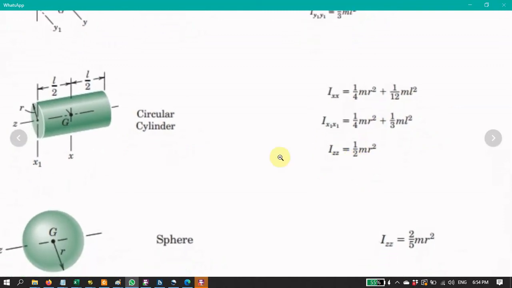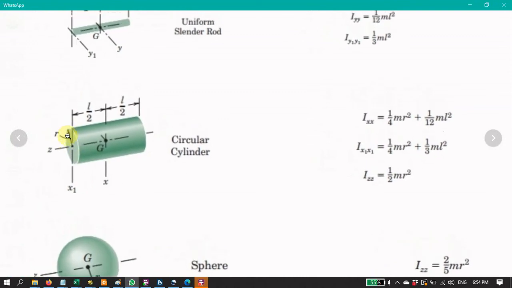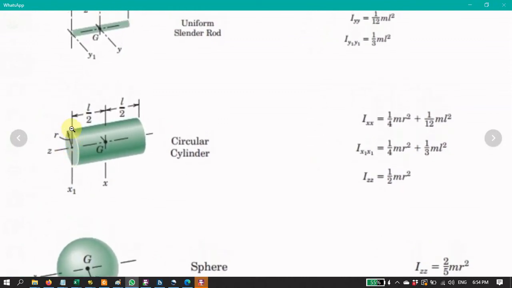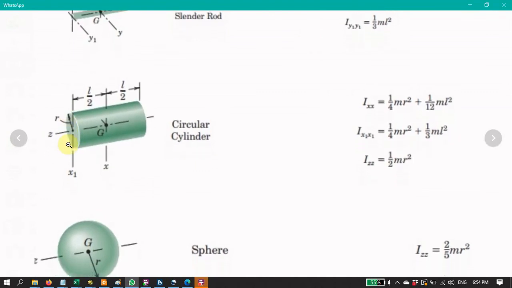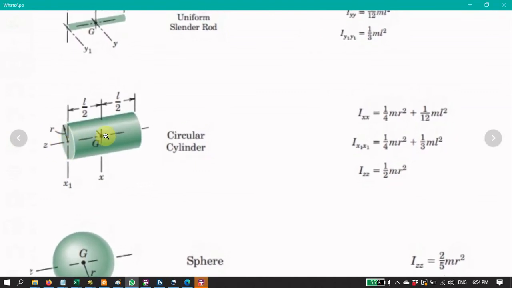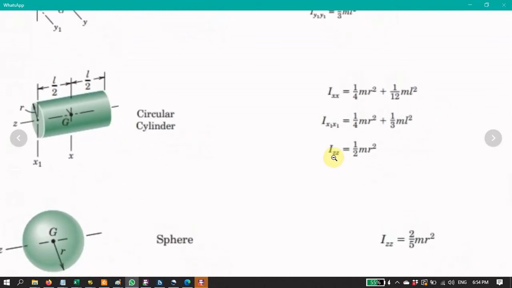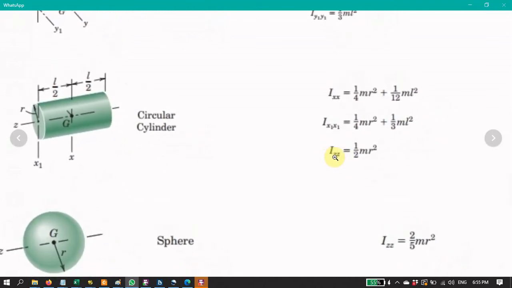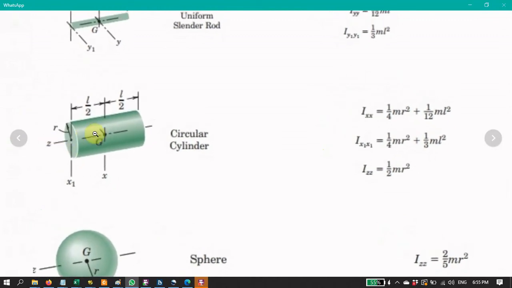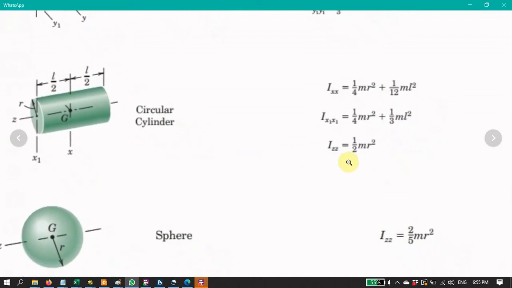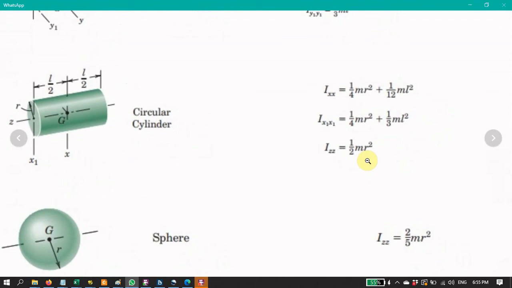But if you look at the disc, this is a very thin circular cylinder, right? And the axis of rotation is through the mass center, about the z axis. So it will be half times the mass times the radius of the disc squared.